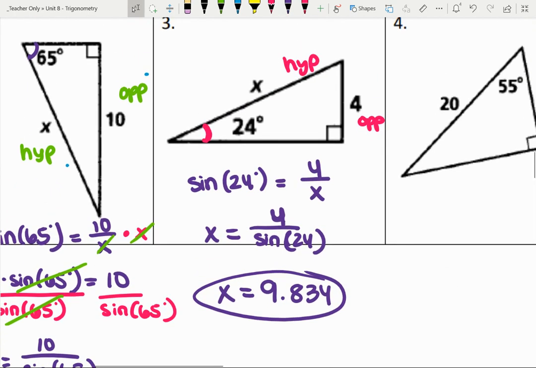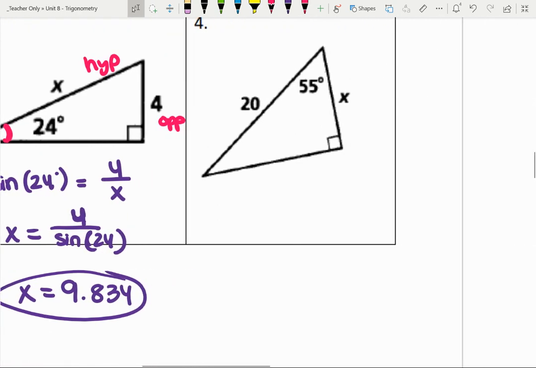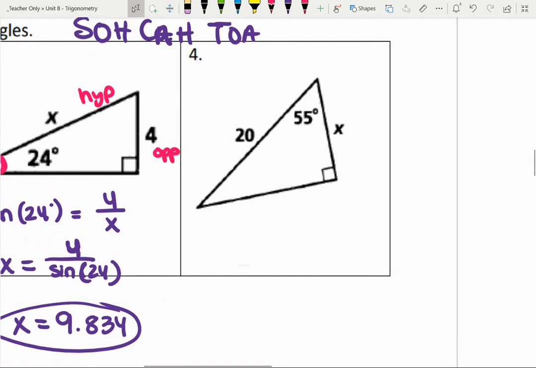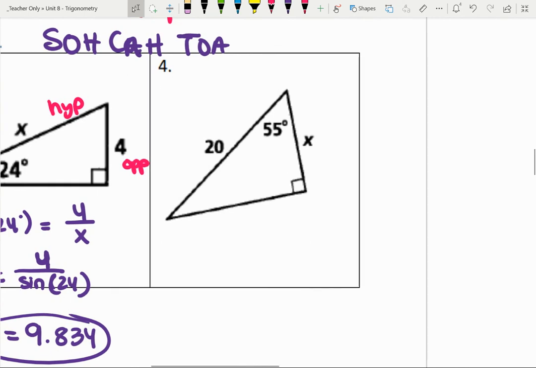Okay, one more example. I promise this one's just a little bit different, so let's check it out. So in example 4, we've got an angle of 55 degrees, and we've got the side opposite the right angle, that is the hypotenuse. And this time we've got an adjacent side length, right? The leg that's right next to the 55 degrees is x.